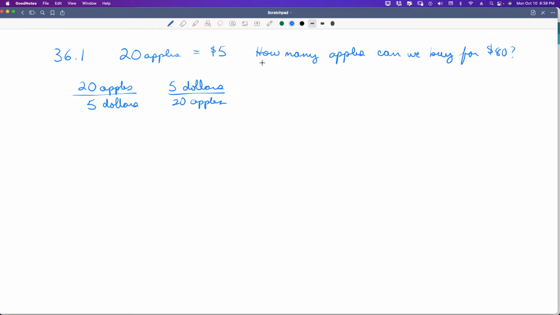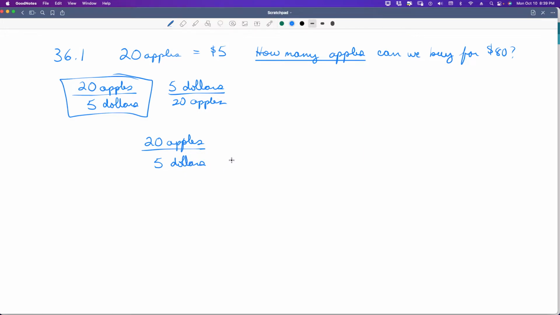So what we're looking for is how many apples. This is what needs to go in the numerator of our ratio. So this is in the numerator, so this is the one we are going to use. So we'll set up our problem like this. We'll say 20 apples over $5.